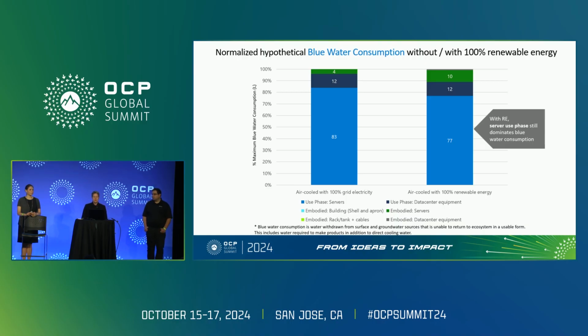I'm showing, in contrast to GHG emissions, shifting to renewable energy did not shift the ranking of the main contributors to blue water consumption. This is because water is used for solar panel and other manufacturing, as well as hydroelectric renewable energy generation.